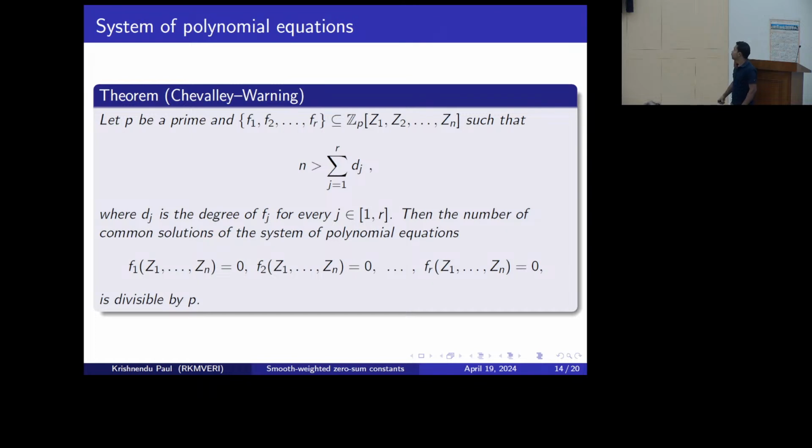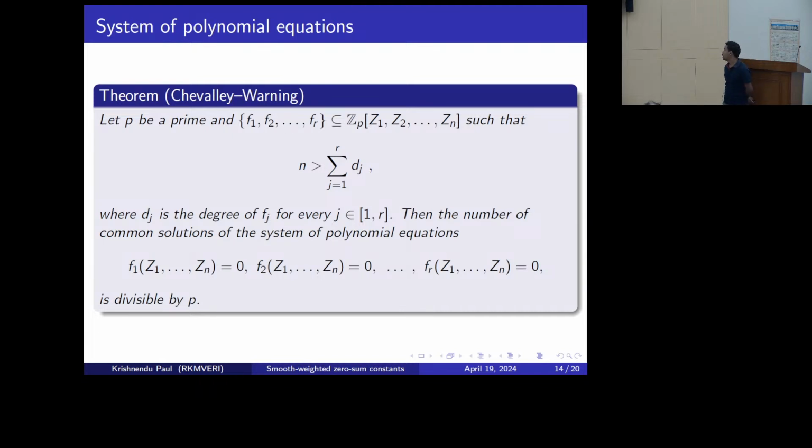Now we will consider an interesting theorem in number theory, which is the Chevalley-Warning theorem. It is on a finite field.